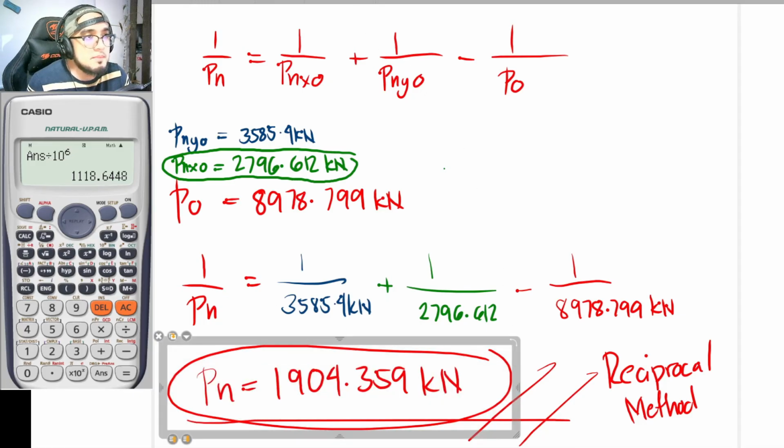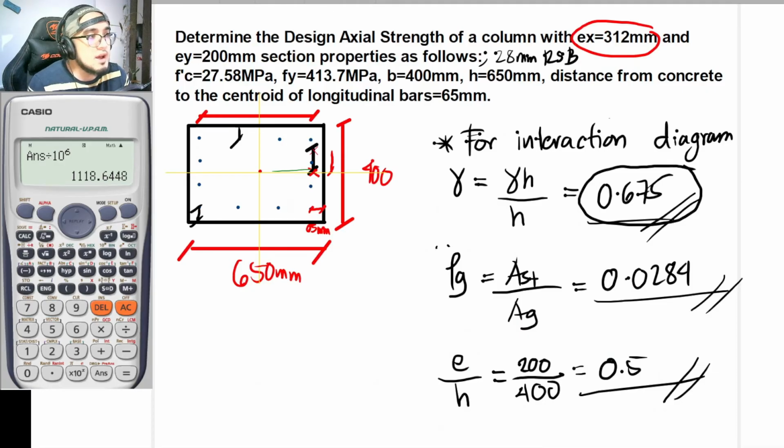The question in the problem is the design axial strength.